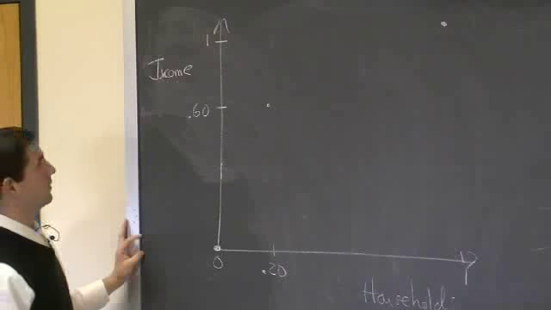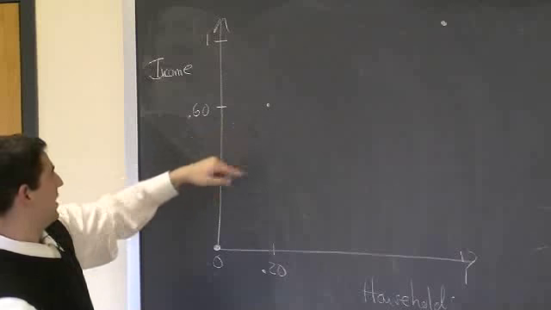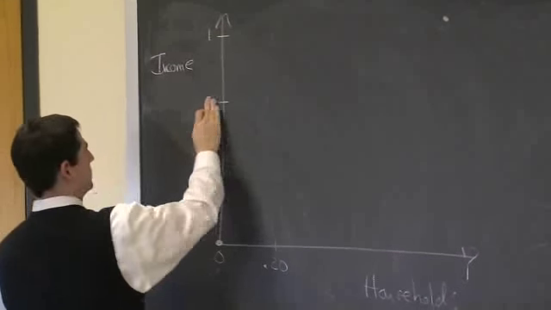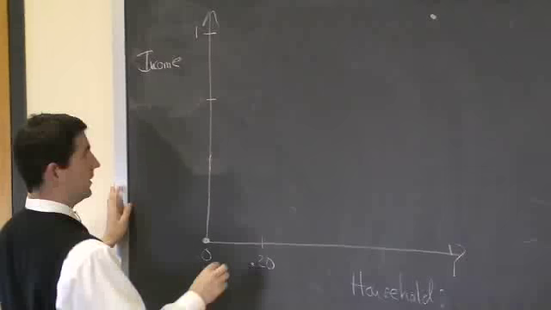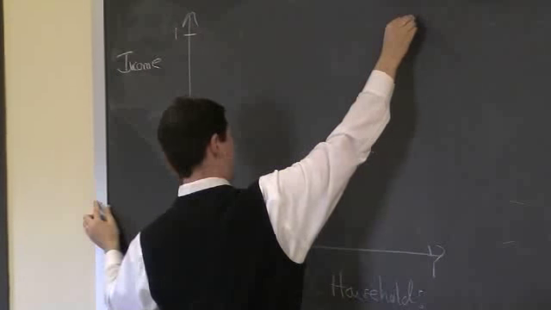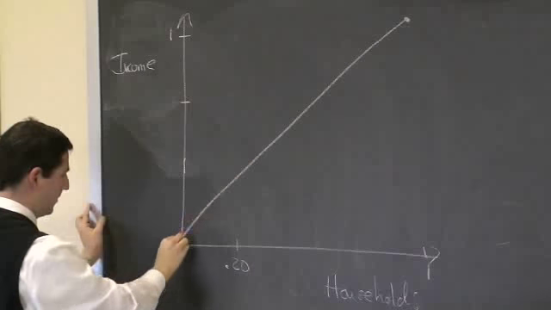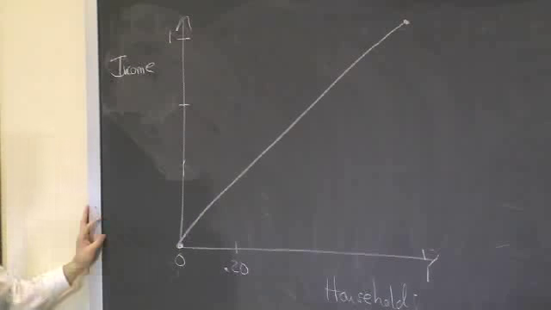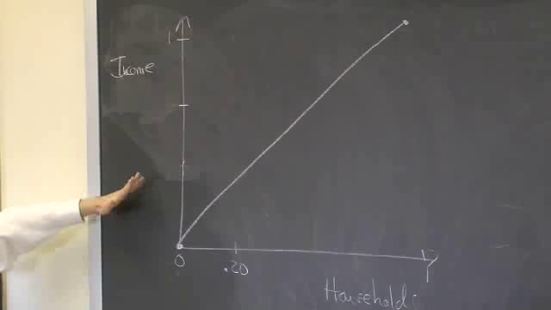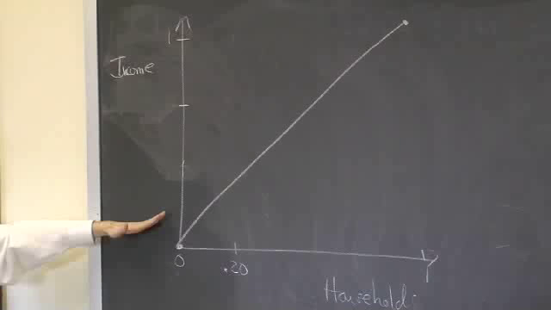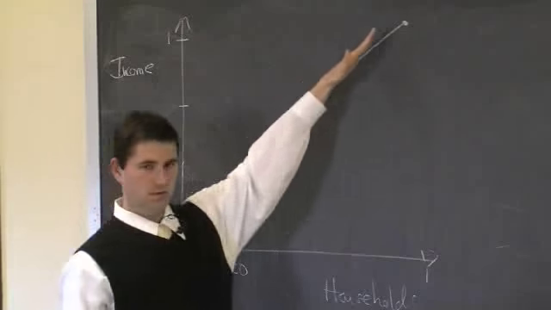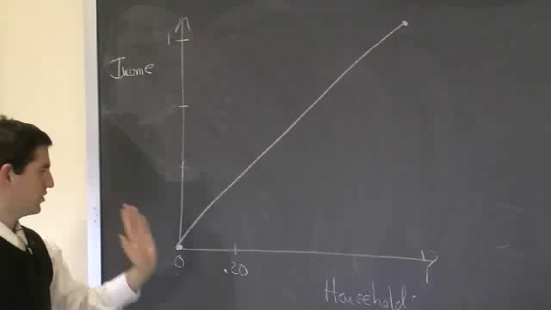So you can have things like this. Of course, now I have a scaling problem. So first thing I'm going to do is draw a little line here just to help me with that problem with my scaling. This first line is what is sometimes called the line of perfect equality. This is where everybody has the same amount.